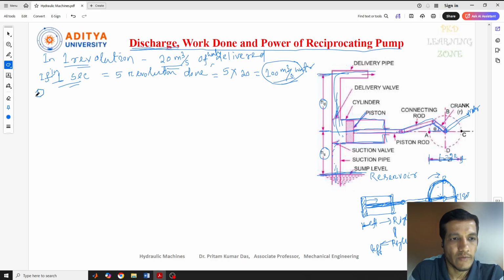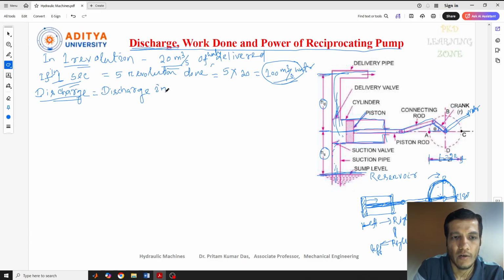Now we need to calculate the discharge. To calculate the discharge, we need the discharge in one revolution, which is what we calculated. Discharge in one revolution into the number of revolutions in 1 second, or per second.